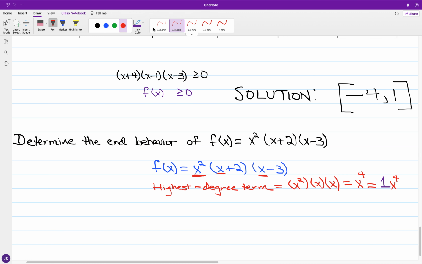Since we're looking at coefficients, you're looking at 1x to the fourth. So for the leading coefficient a of n, this is going to be 1, a positive value. And for n itself, this is from the fourth degree of x, so n is equal to 4.